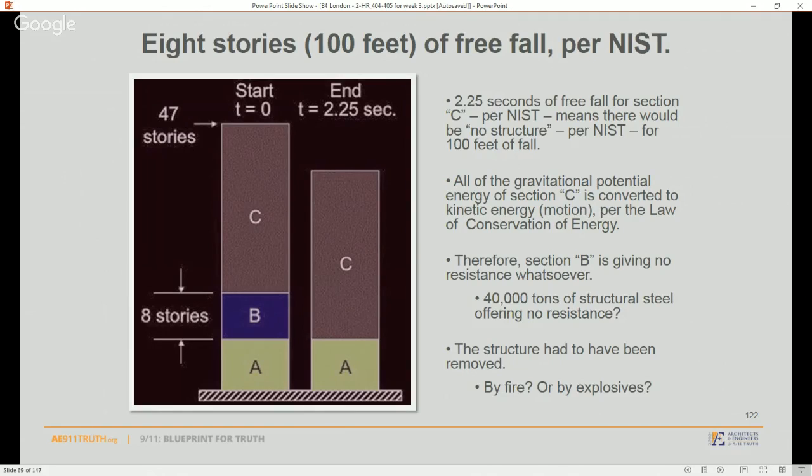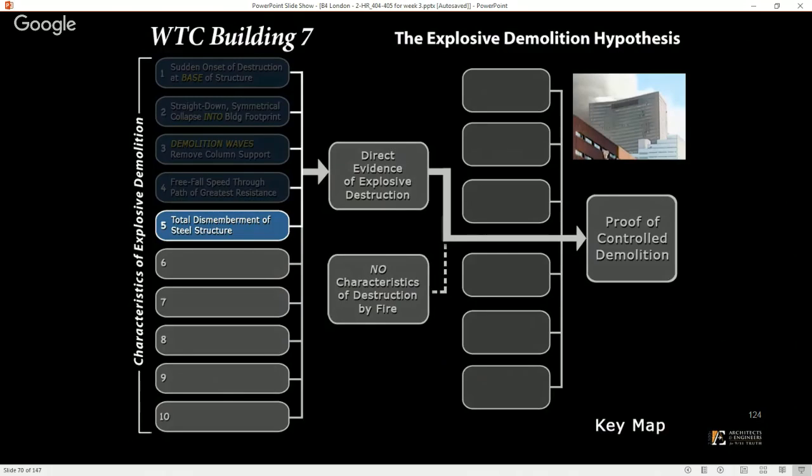Why 8 stories? Because 100 feet, or 2¼ seconds, which is a third of this building's fall, is happening at direct free fall. This is measured by physicist David Chandler, and we'll take a look at that next week, resulting in the total dismemberment of the steel structure.